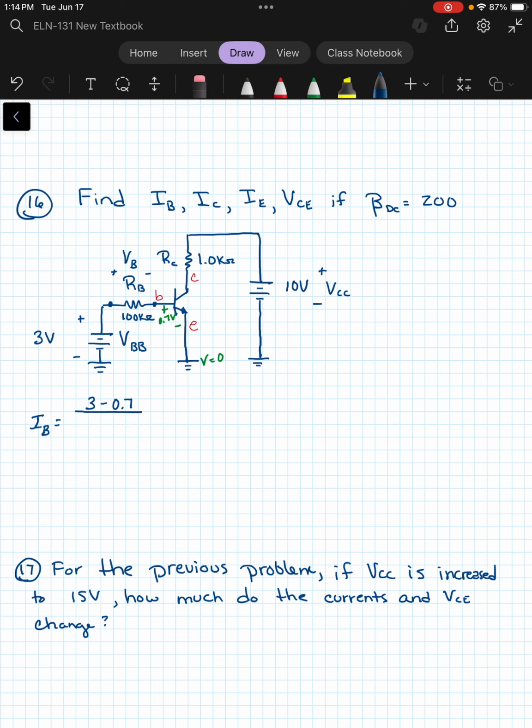So that's the voltage drop across the resistor, which is a 100 kilo ohm resistor. So we've got 2.3 volts divided by 100,000. So that's going to be a pretty small current. And it is. It's about 23 microamps.